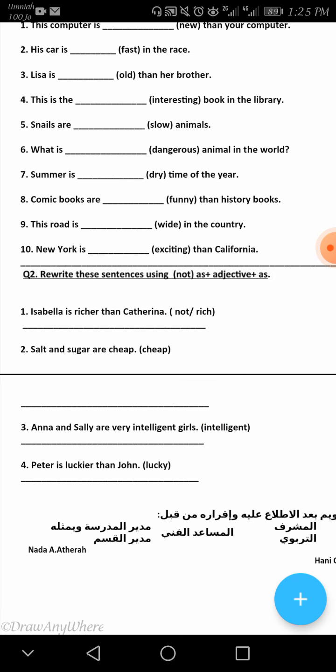Anna and Sally are very intelligent girls. So both of them are intelligent. Anna is as intelligent as Sally. Peter is luckier than John. So نحكي John isn't as lucky as Peter.